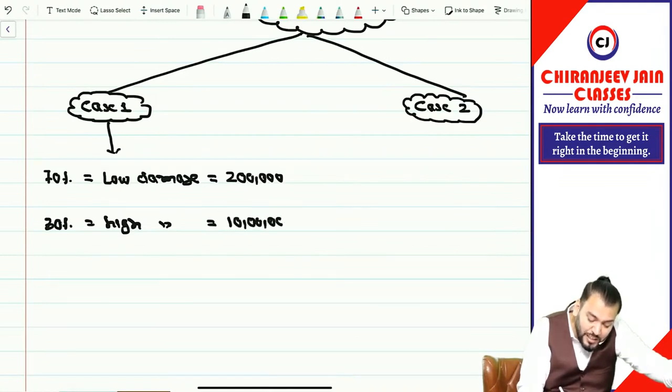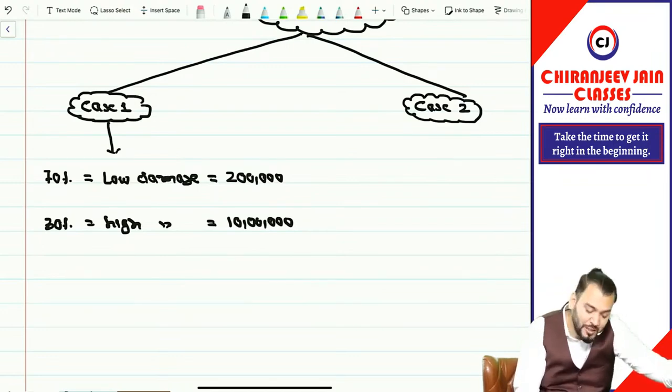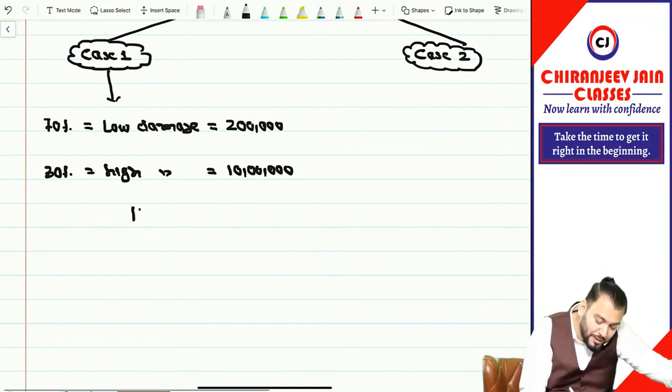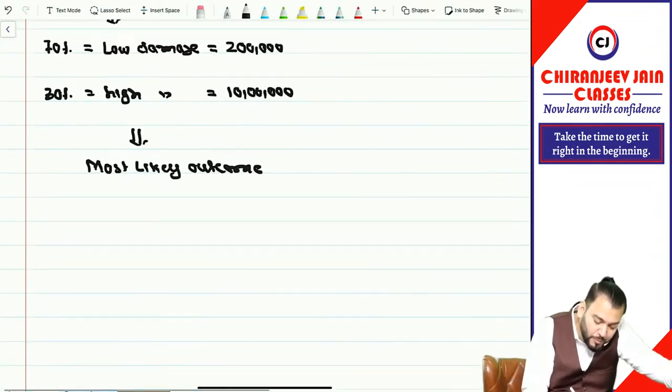Okay, it is a single obligation with two possible outcomes. Whenever there are two possible outcomes, you will take what? The most likely amount, the most likely outcome. So in this case, the amount of provision will be equal to 2 lakh.